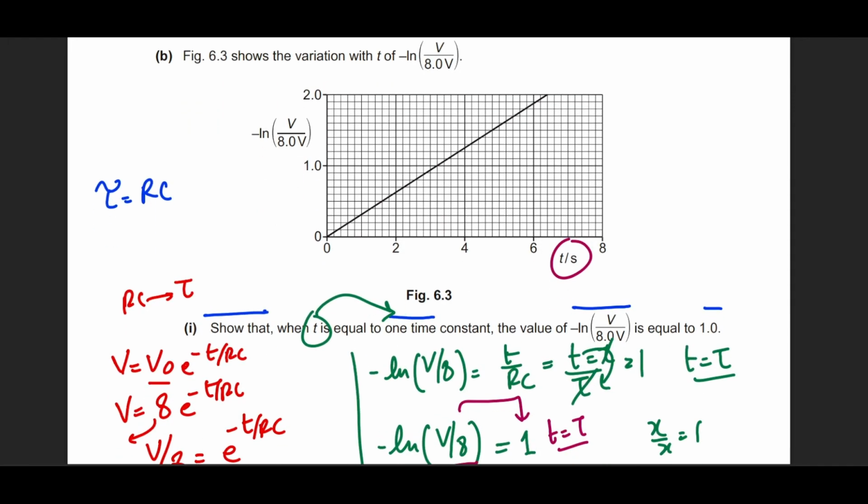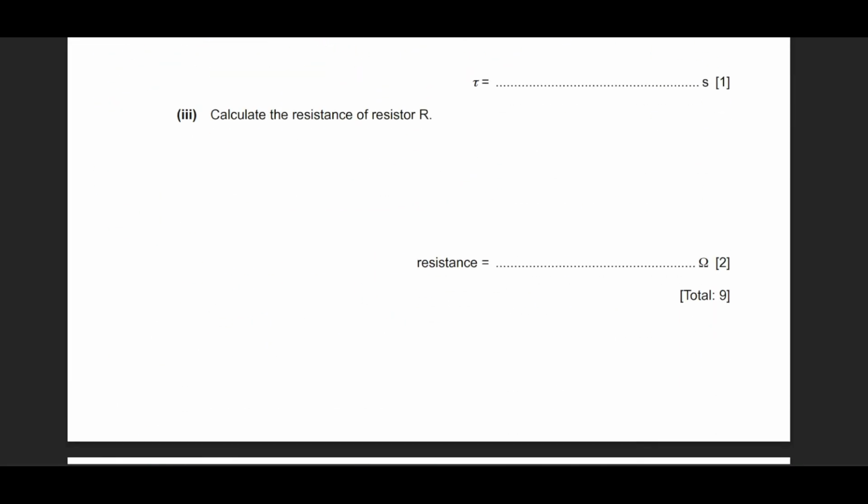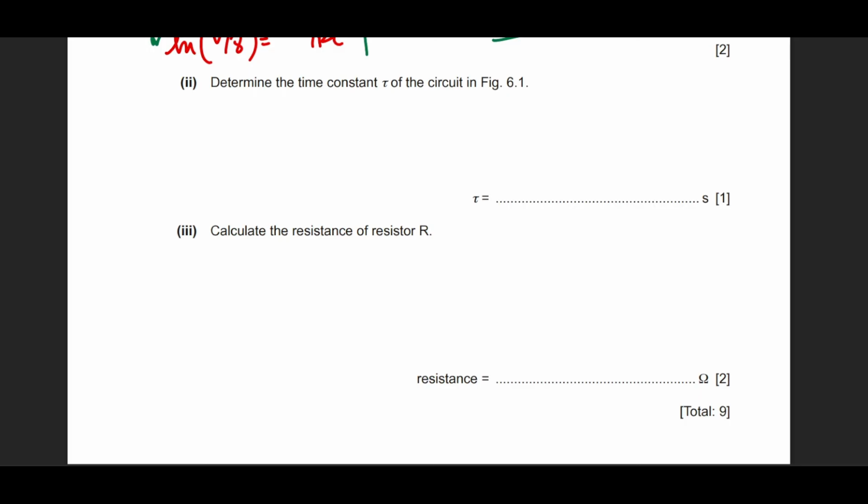So when you pick this value from the graph, please make sure that you use a dotted line. So this will be approximately 3.2 seconds, I guess. Count the number of boxes, mention on the graph, and mention that you've taken the value from the graph at ln V by 8 equals 1. Time at that point is 3.2. So mention what you've done.